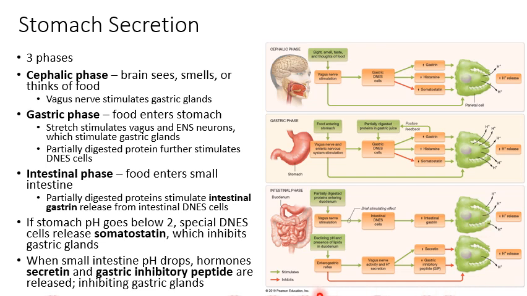That process is going to continue until the pH of the small intestine actually starts to drop, or if the pH of the stomach gets too low, but in general it would be that the pH of the small intestine starts to drop. At that point, the DNES cells in the small intestine are going to start releasing gastric inhibitory peptide and secretin, which will then go to the gastric glands in the stomach and prevent the parietal cells from releasing more stomach acid.